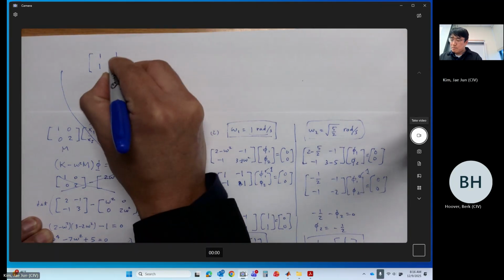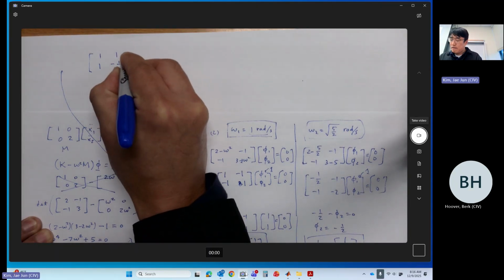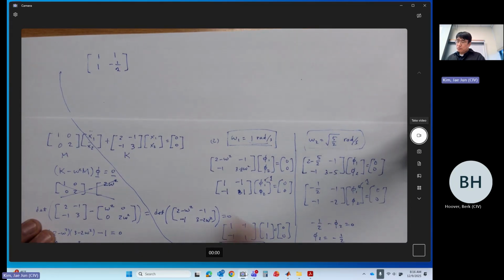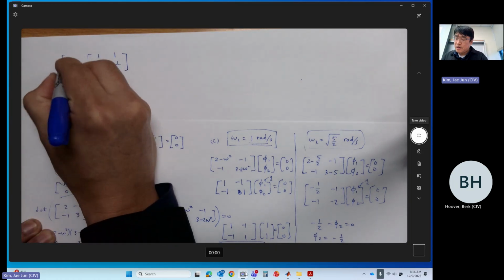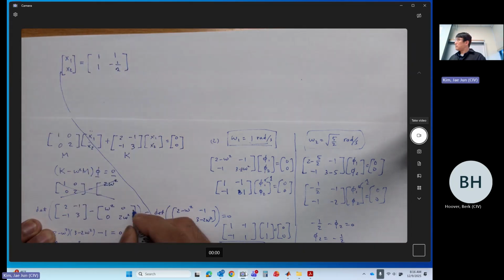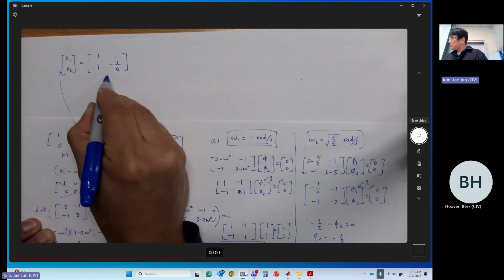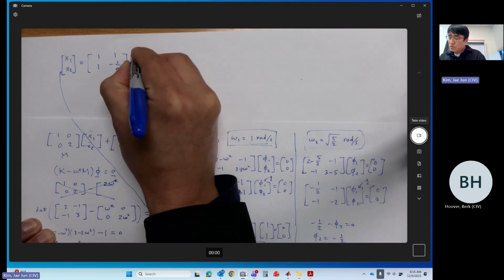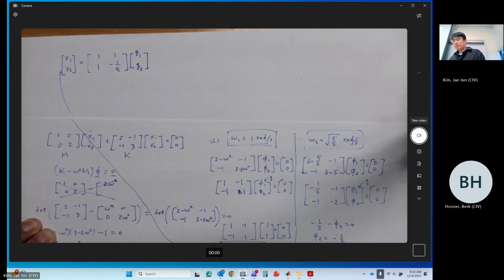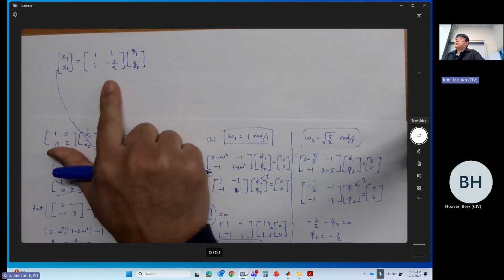And the second is 1, minus half. So these are the two mode shapes. And remember the modal transformation is defined as x1, x2 is defined as modal matrix times Q1 and Q2, right? You remember this, the modal transformation?